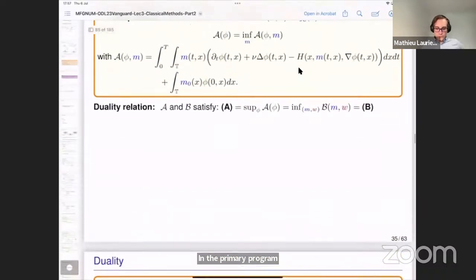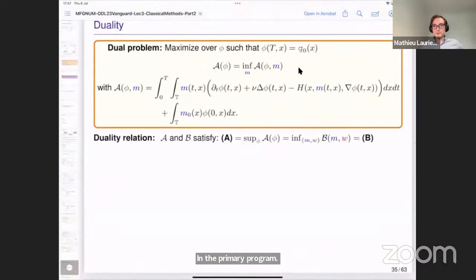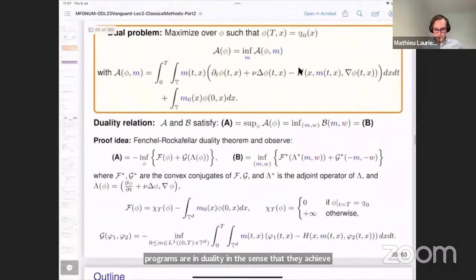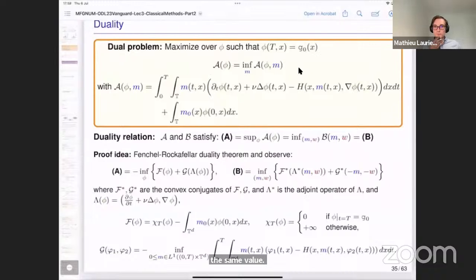So how does the proof work? I claim this is a dual problem, so you can indeed show that the two problems are in duality in the sense that they achieve the same value. I call them A and B, and the proof is based on the Fenchel-Rockafellar duality theorem. Again, here I'm sweeping under the rug the fact that I need to choose some suitable spaces.